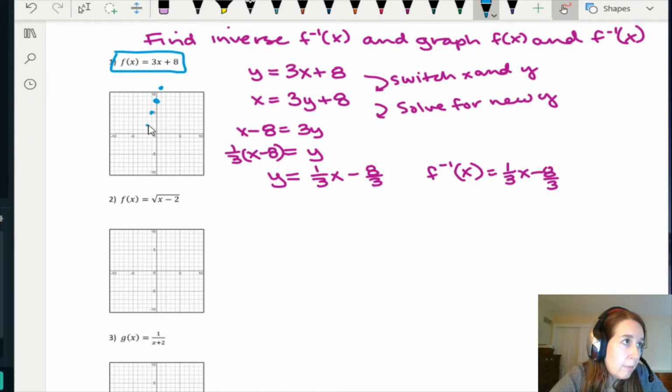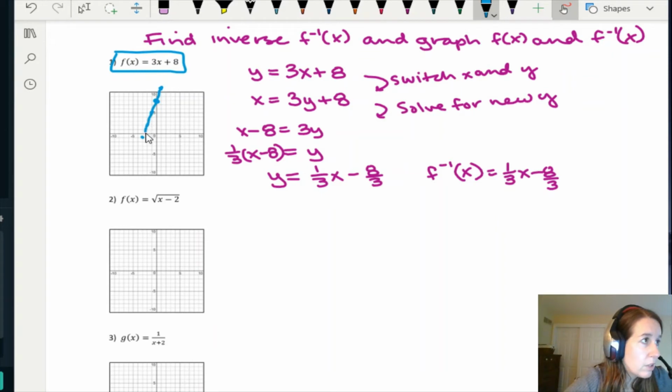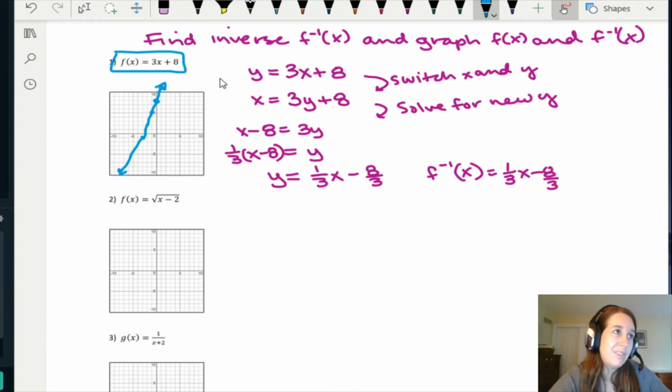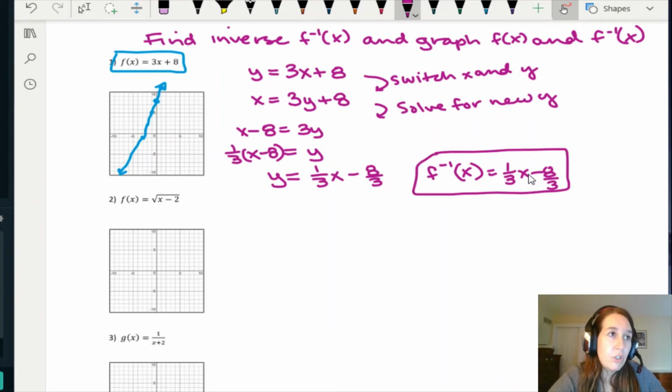Down 3, back 1 a few times. Okay, now I'm going to try to draw a straight line through those points. And I'm going to continue it right off the page if I can. Close.